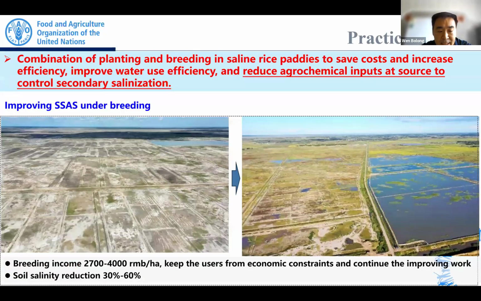First, the chemical measures are too costly and unsustainable. Aquaculture is carried out in the initial stage to reduce costs, increase profit, and reduce salinity.